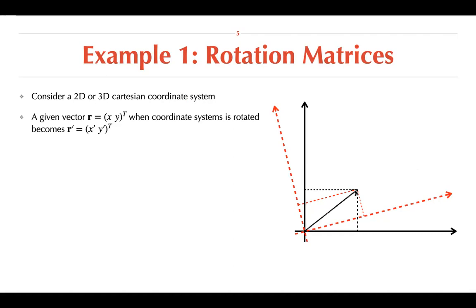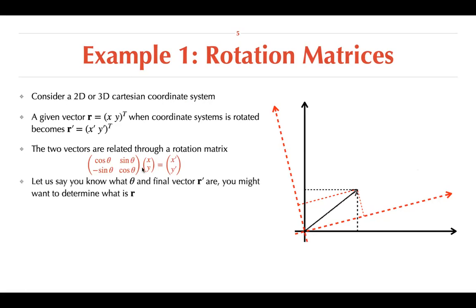You also know that the components are related in this way. Say you know theta, and you know x prime and y prime, then you might be interested in calculating r. Or say you know r prime and theta, and you want to know x and y. In that case you will get two equations, and you want to solve this system of equations.